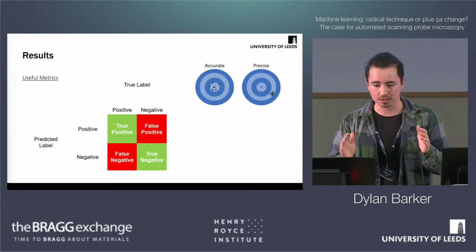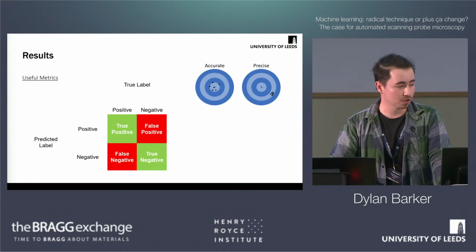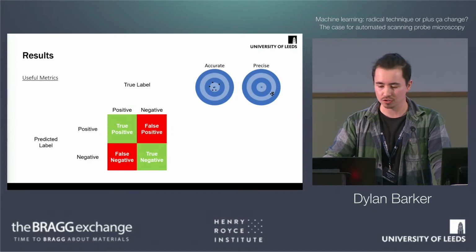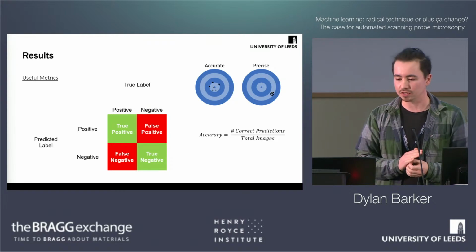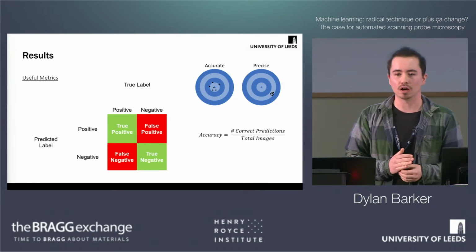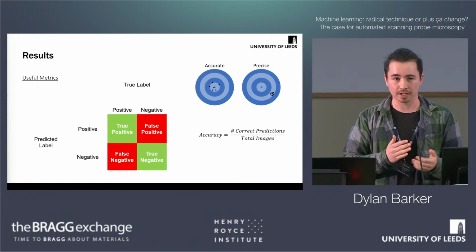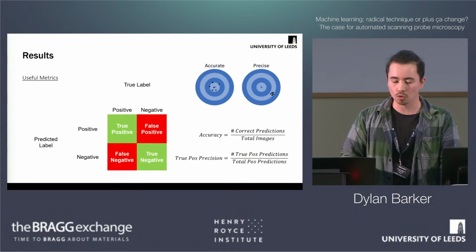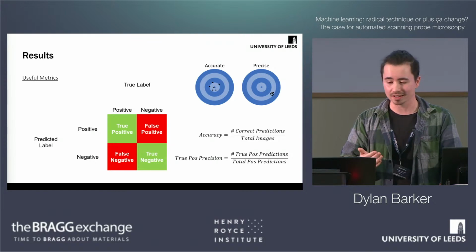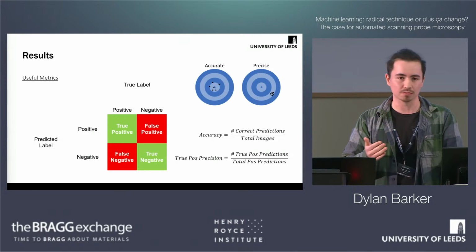Now we've got our two methods of classifying our images. But firstly, I'll go through some useful metrics to actually describe them. The first one is the easy one that everyone knows, the accuracy, which is the percentage of the time that our classifier is predicting something and is correct in that prediction. The second one, which we're more interested in, is what we're calling the true positive precision.